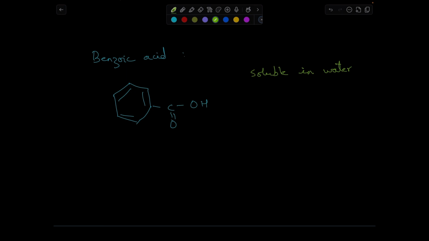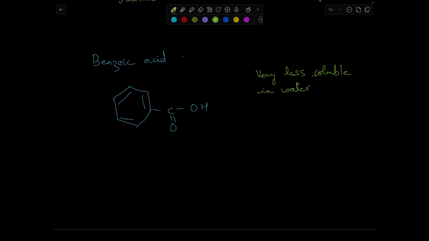Coming to benzoic acid's solubility in water, it is limited. So you can say that it's poorly soluble in water, or very less soluble in water. But due to the acidic nature of the carboxylic group, it's highly soluble in sodium hydroxide.